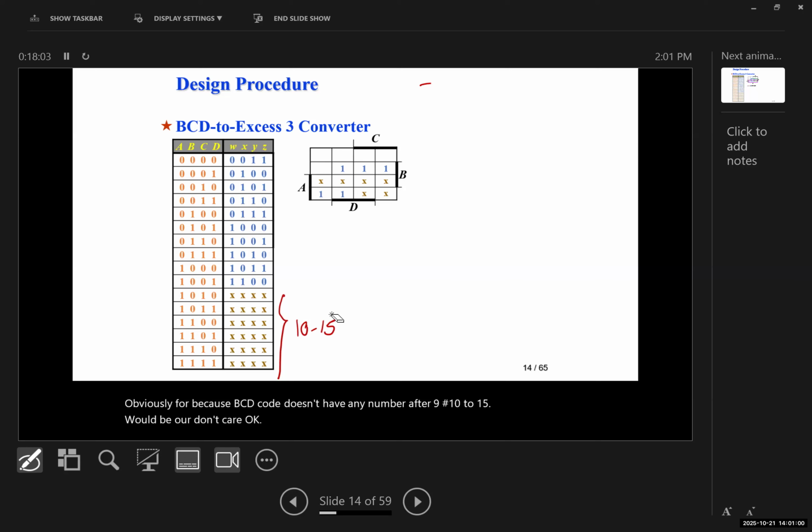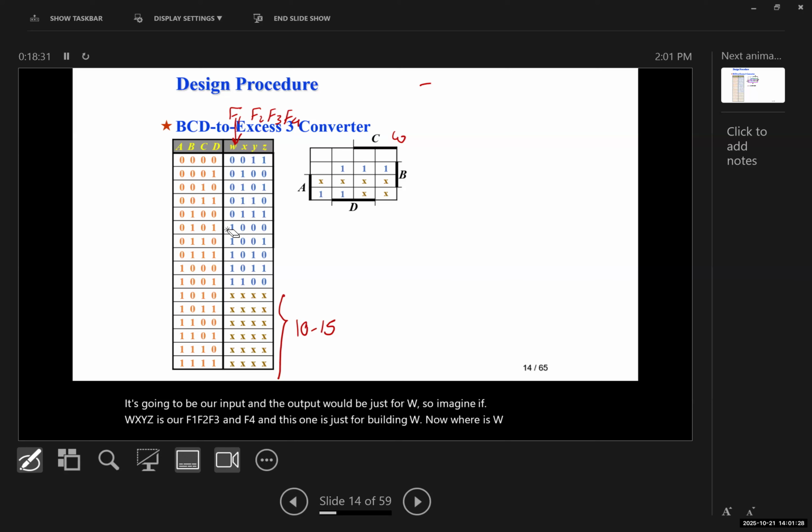Now, the first K-map that we build is just for W. The input is on the right, and the output would be just for W. So imagine W, X, Y, Z is our F1, F2, F3, and F4, and this one is just for building W. Now, where is W equal to 1?